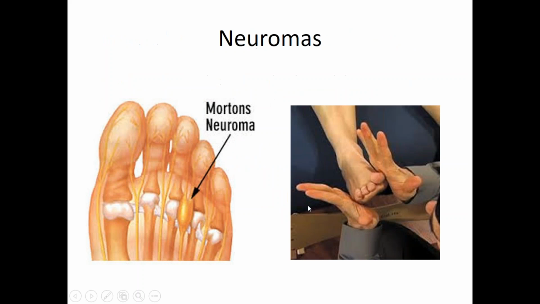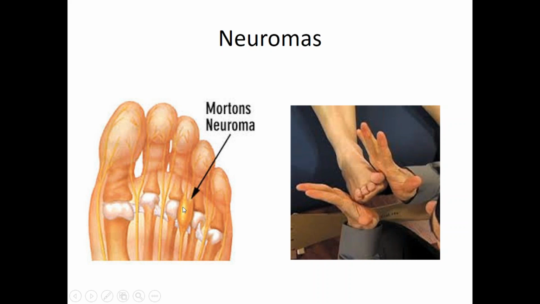Narrow cowboy boots that come to a point push these toes together, and when you're walking, they can shear and grind against these nerves, and they will inflame and swell. That's your Morton's neuroma, especially with the ganglion right here.